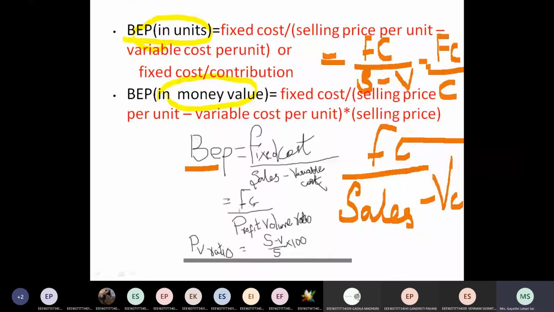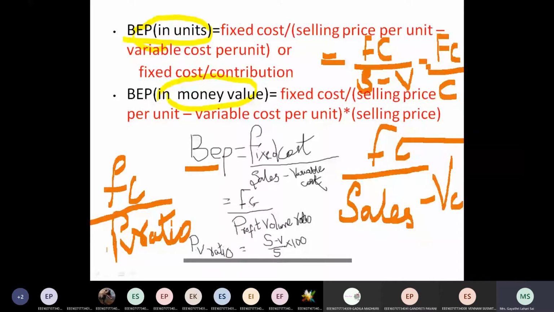The other one is fixed cost by profit volume ratio. You call it the PV ratio. In terms of money value, in terms of rupees, if you want to know, the formula is fixed cost by profit volume ratio.